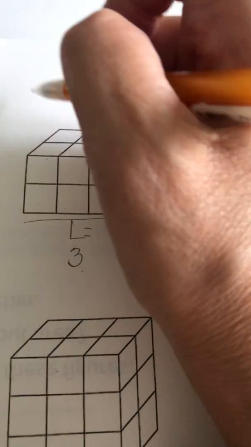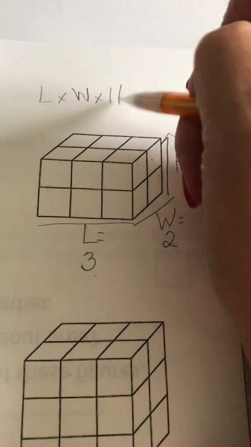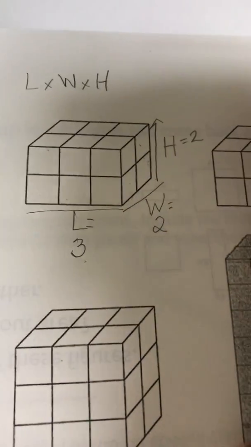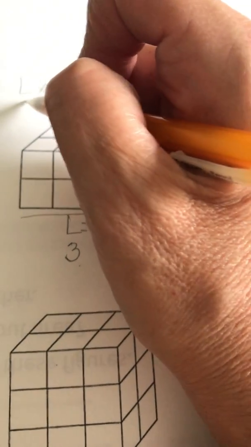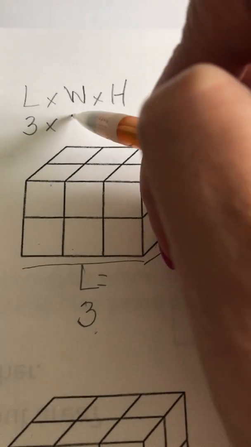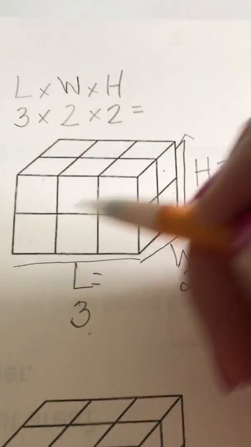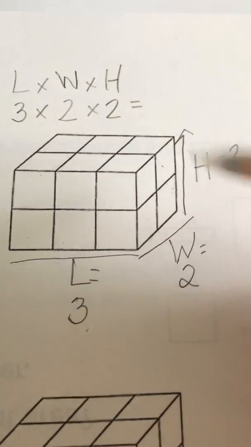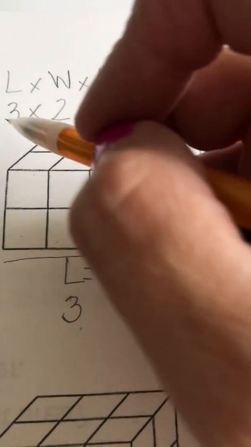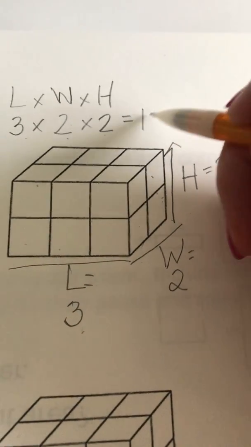Okay, so now I've got length times width times height. Pretty easy, right? So now I'm going to plug in 3 times 2 times 2 equals how many cubes I have here all together. So that's 3 times 2 is 6. 6 times 2 is 12.